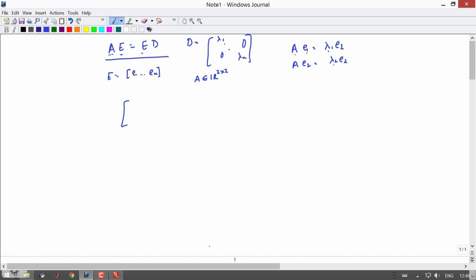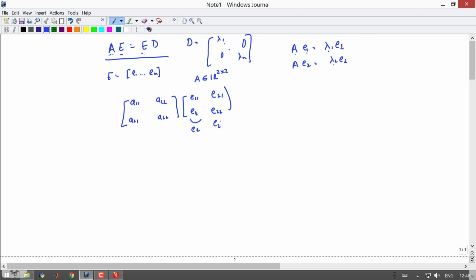Okay. So assume I can write A as its individual entries A11, A12, A21, A22. So I just expand this, right, and E1 will have its components E11, E12. So this constitutes my E1. Similarly with E2.